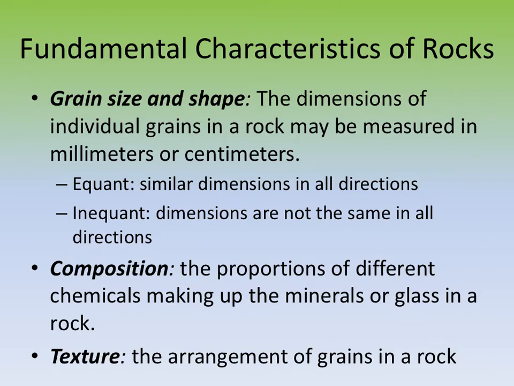That's something you might see in a basalt when we have a consistency. When we talk about inequant, that's where we're going to see stretched out grains. Maybe it's a metamorphic feature. Maybe you're seeing that in an igneous rock that has formed at different points.